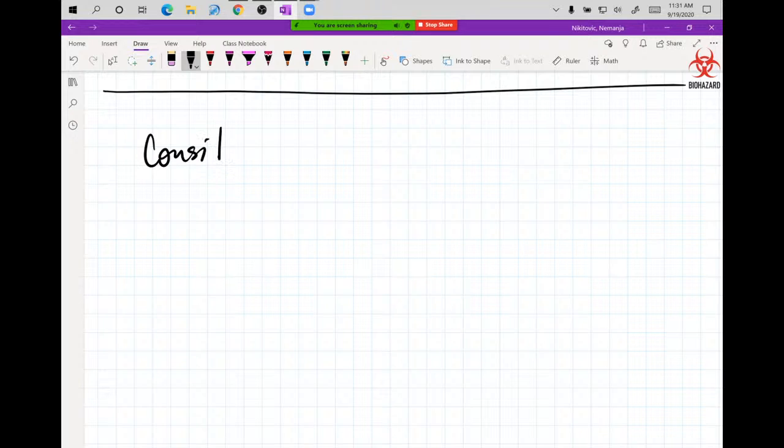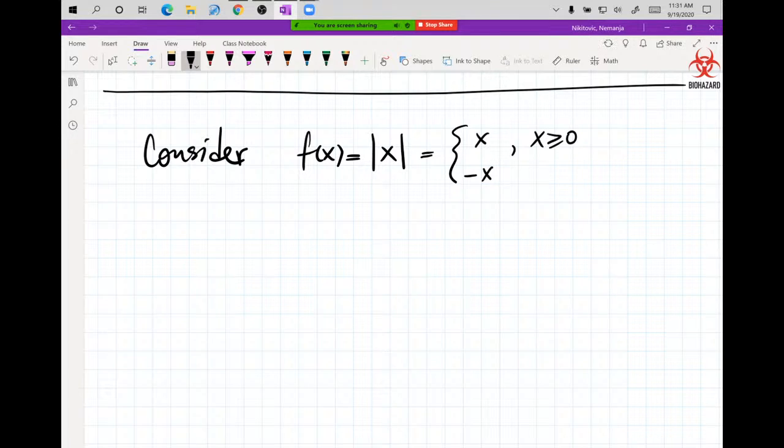So consider f of x equals absolute value of x. Now, the definition for this function is x for all x bigger than or equal to 0, and negative x for all x less than 0.